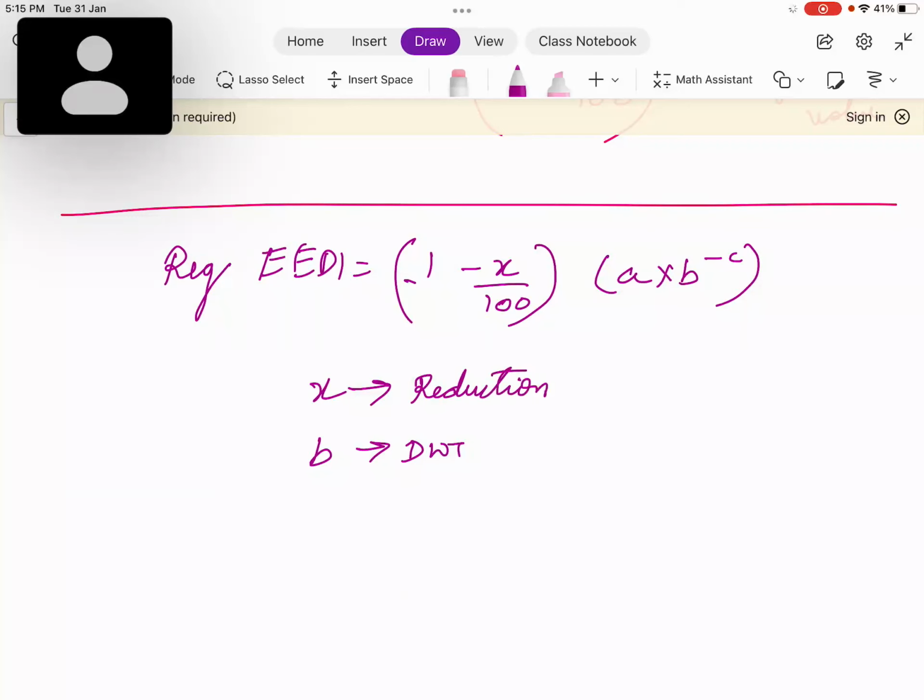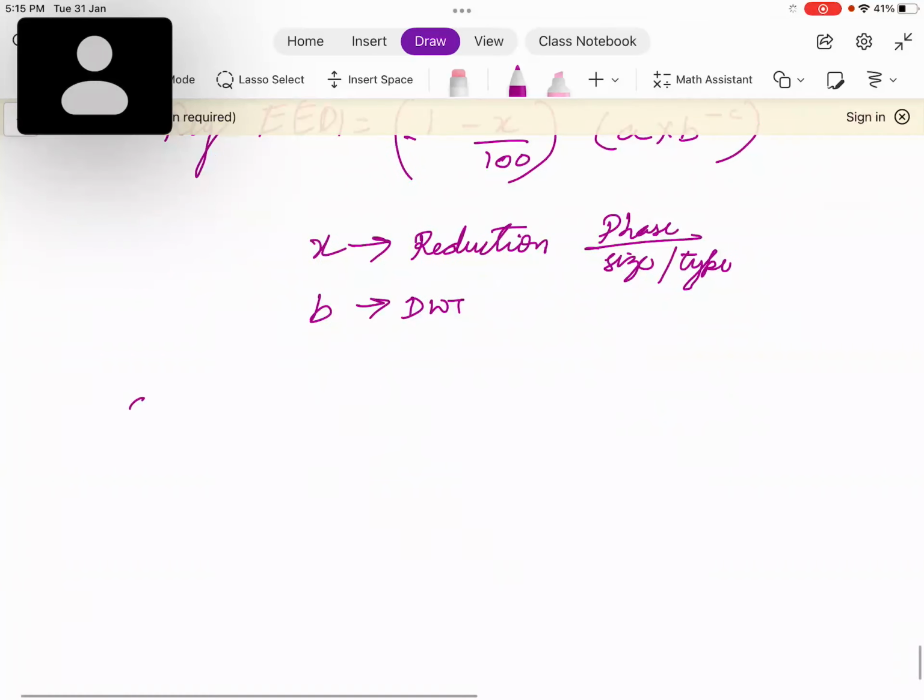That will depend on the phase you are in, and also on the size of the vessel and type of the vessel. Because we saw in the container ship, for more than 2 lakh tonnage, the reduction factor is already 50%. The bigger the size, the more stringent the regulations, right? So this is the required EDI and attained EDI.